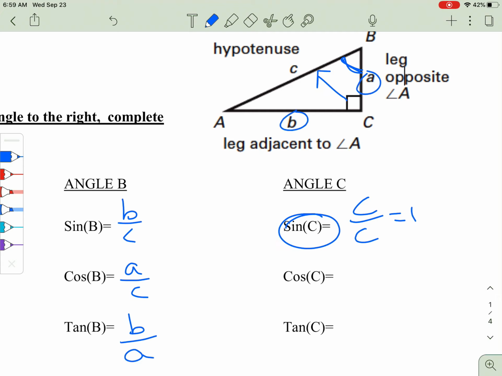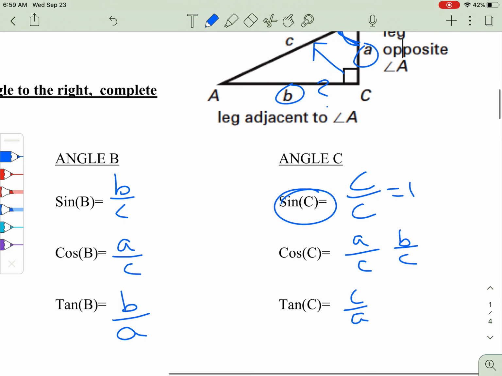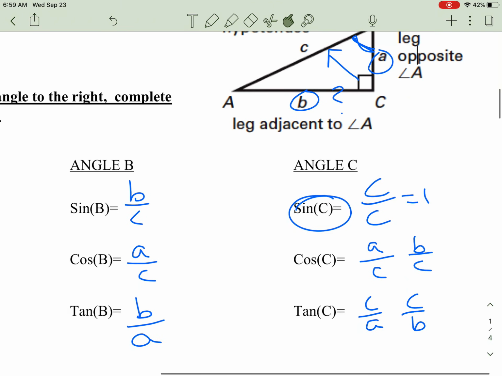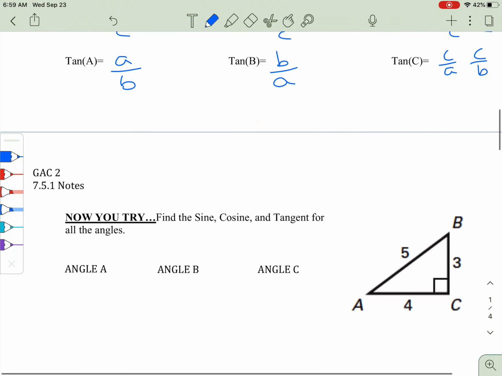Is that going to be A or B? Could be either one. And then tangent is opposite over adjacent, so that's either C over A or C over B, right? So that's why they don't really reference this angle. It's kind of undefined in some parts because we have two different options and we don't know which option it is. Okay. All right.